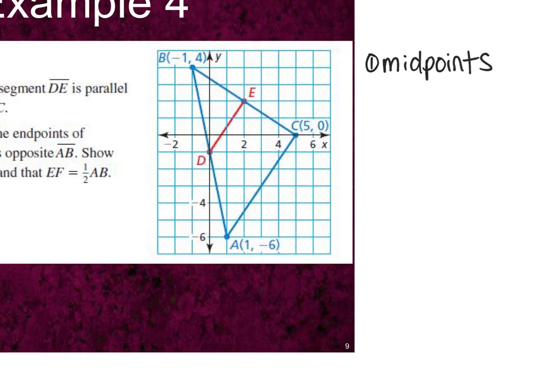So the midpoint, which would be D, we would find by adding -1, which is the x-coordinate from B, with the x-coordinate from A. So we would do -1 plus 1 over 2, comma, 4 plus -6 over 2.